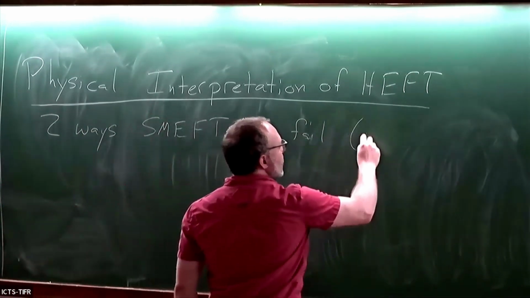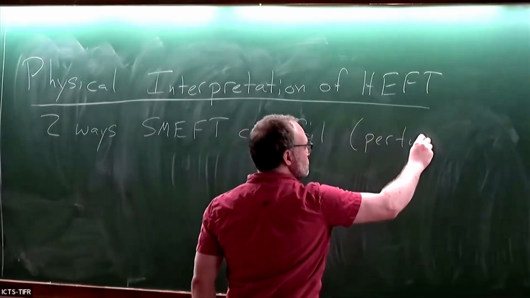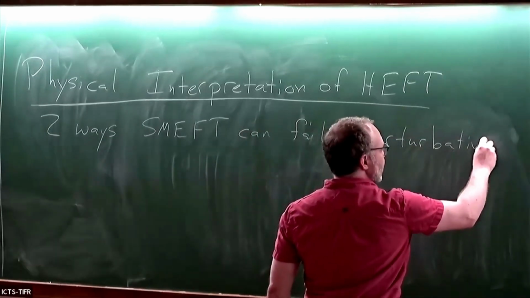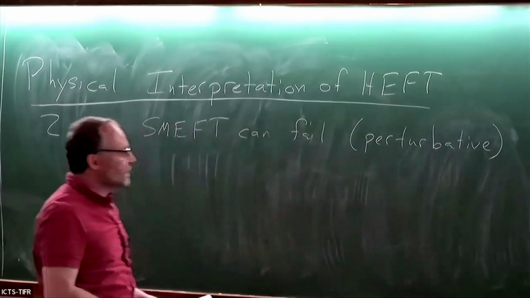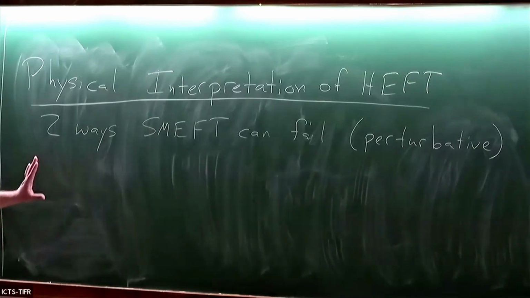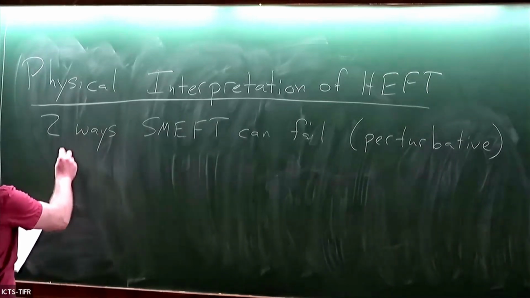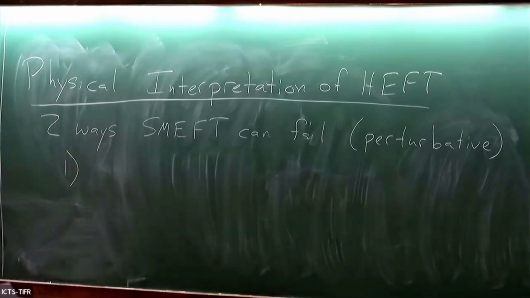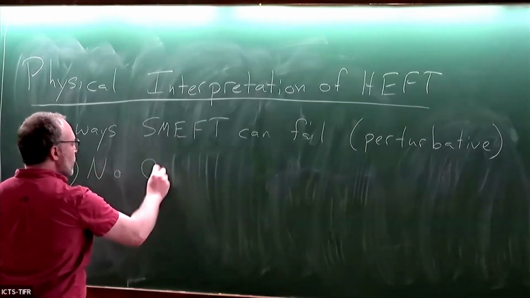Again, this is all in perturbative examples. I think in the world of strong dynamics, almost certainly there are other cases. They probably fall in these two classes, but I can't prove that to you. So the two ways are, one, there's no O4 invariant fixed point.